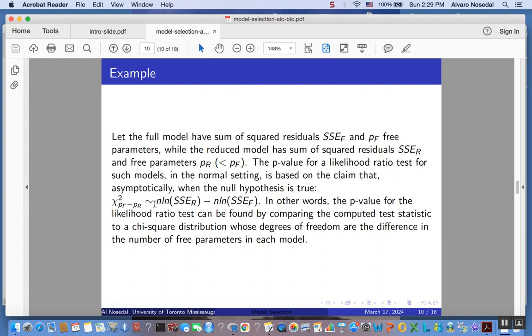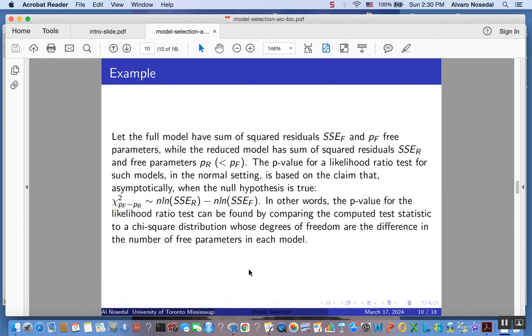So this difference, n times the natural log of the sum of squares for the reduced model minus n times the natural log of the sum of squares for the full model, if n is big, will have roughly a chi-square distribution with this number of degrees of freedom.